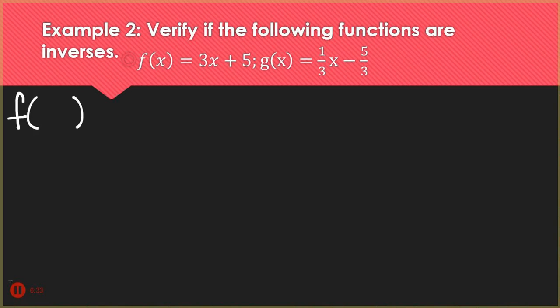Starting with my f function, I'm going to substitute my g. F says 3x plus 5. So I just like to write that with the parentheses wherever x occurs. Now I'm going to drop g of x right inside of that parentheses.